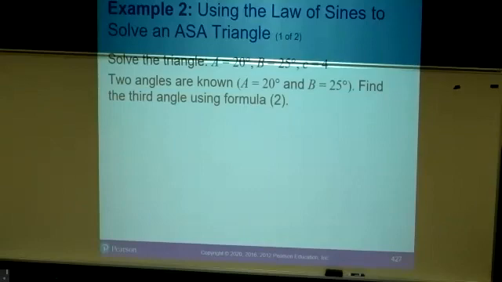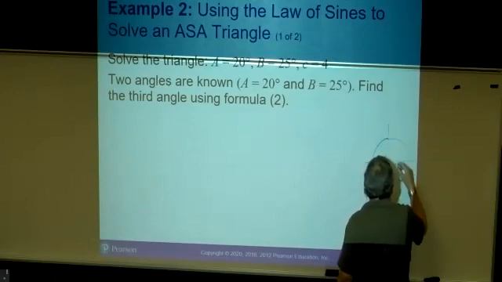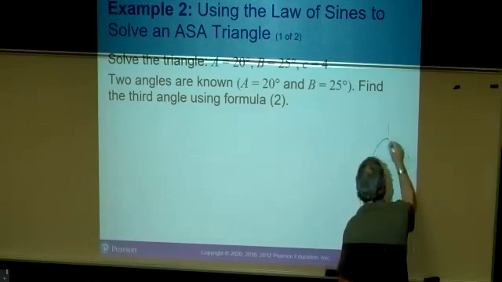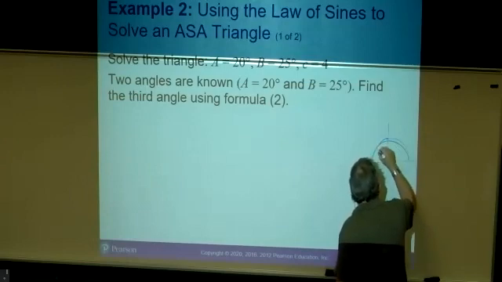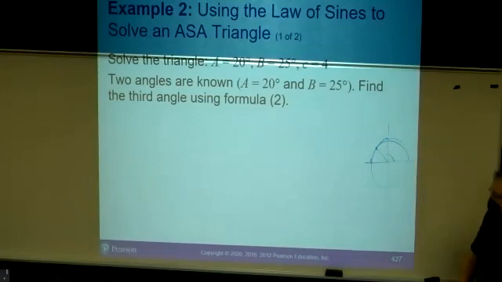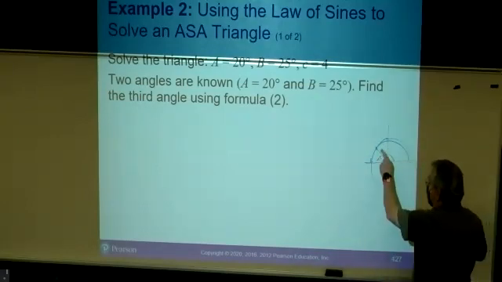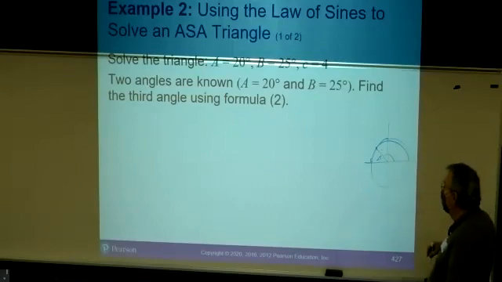I always see angles in terms of the unit circle. So this is 90 degrees here, and I'm going to subtract 45 degrees. So what angle is this? If this is 45 here, what's this angle?